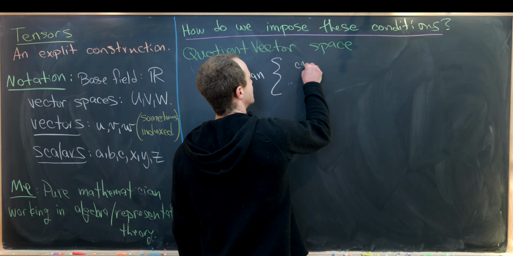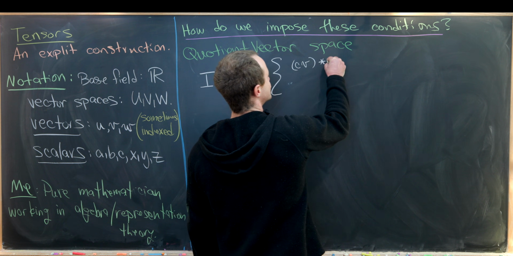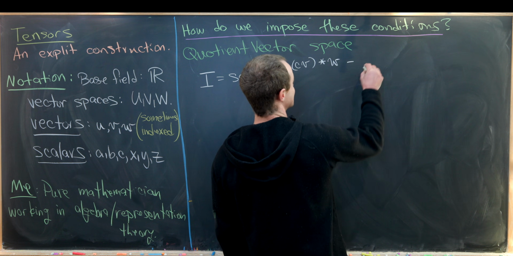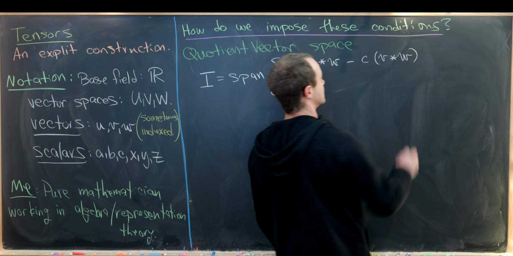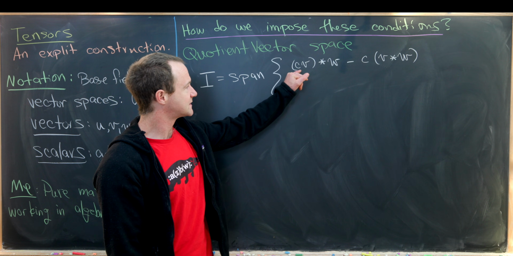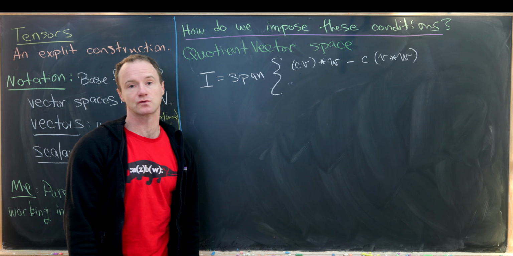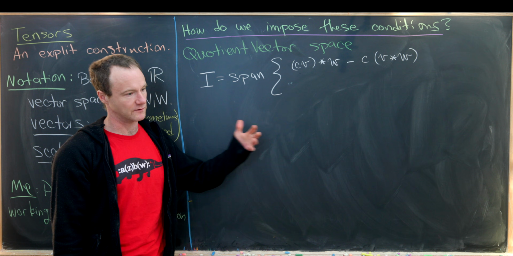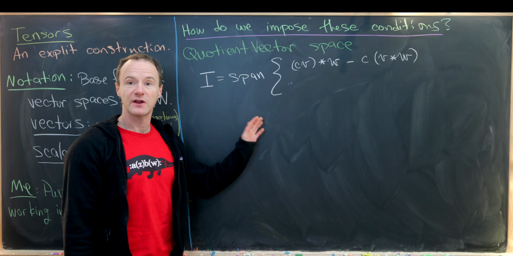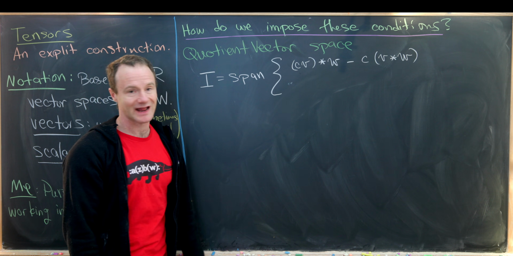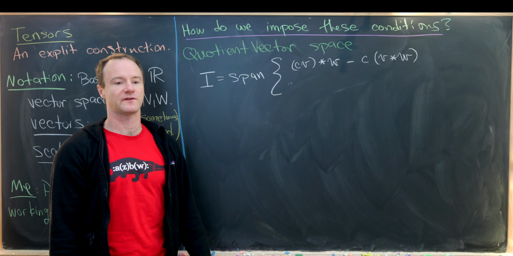So the first one will be cV star W minus c times V star W. So again, we'd like to have some sort of scalar multiplication rule like that hold in our eventual tensor product. It does not in our formal product, but if we put it in the subspace that we quotient out by, then it will occur in our final object.